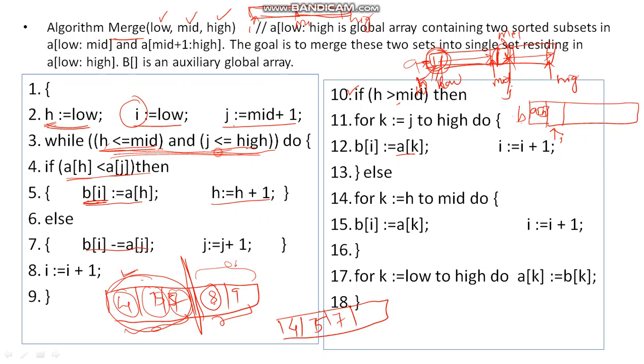And if the second condition becomes false, go on taking the elements from the first half, that is K is equal to H to mid, and here J to high. Finally, whatever elements have been taken into B, take them back to A. That means whatever elements have been sorted, copy them back to the given array A. So this is how the merging works.